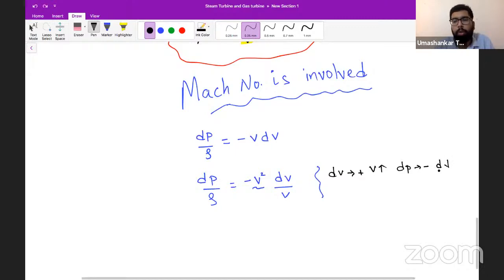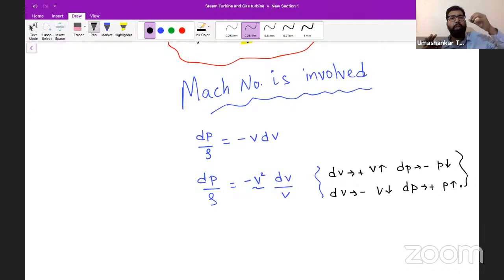Otherwise, dv can be negative, which means velocity decreases. So minus will become plus, and dp will be positive. So pressure increases.